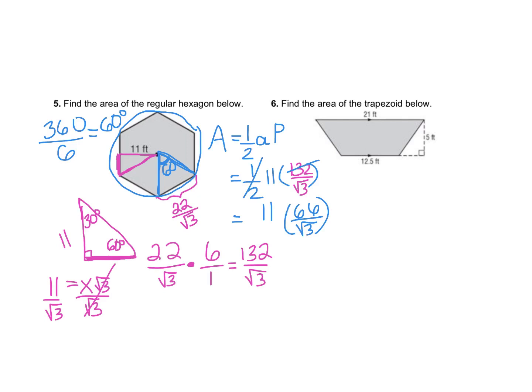So then we would multiply 11 times 66 and then divide by the square root of 3. So if you were to plug all of that into your calculator, you're going to get the area is about 419.2 square feet.